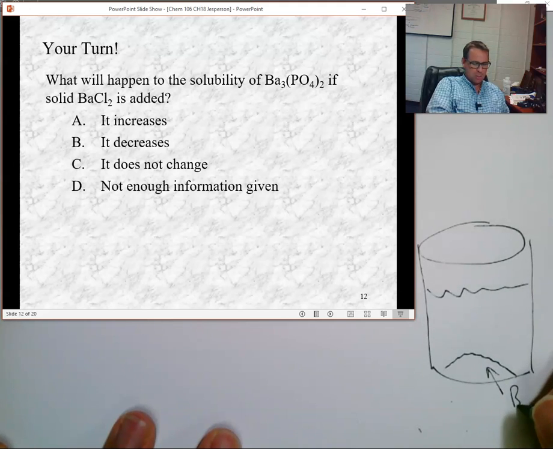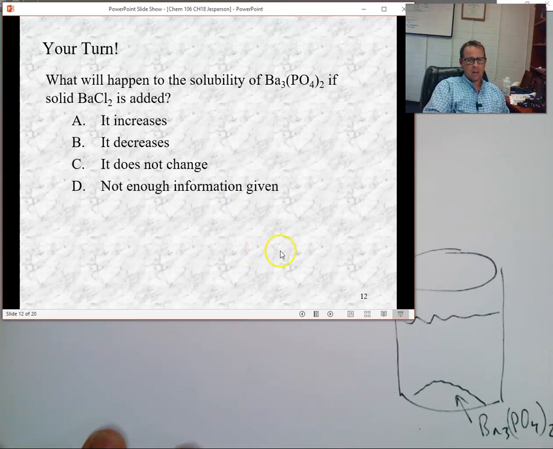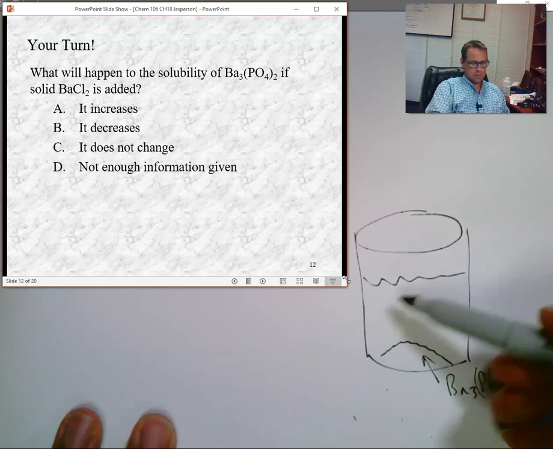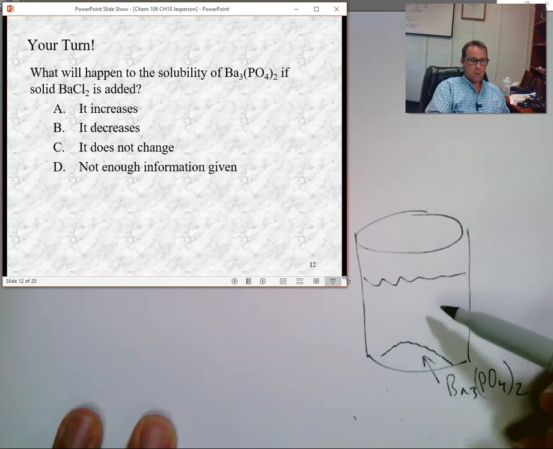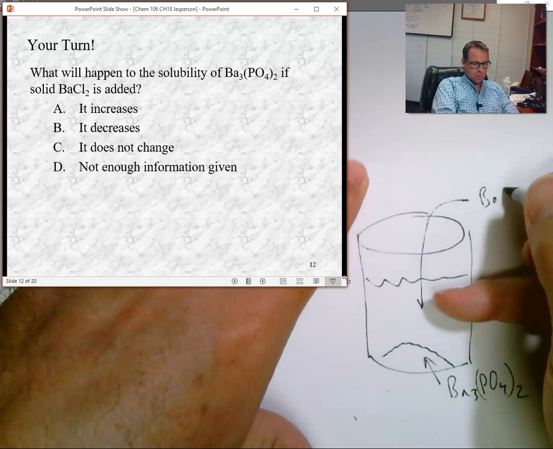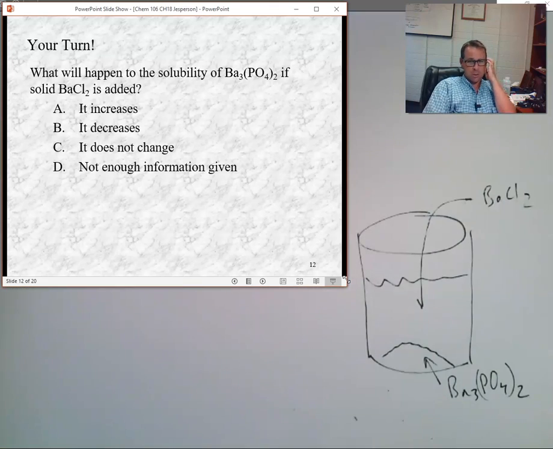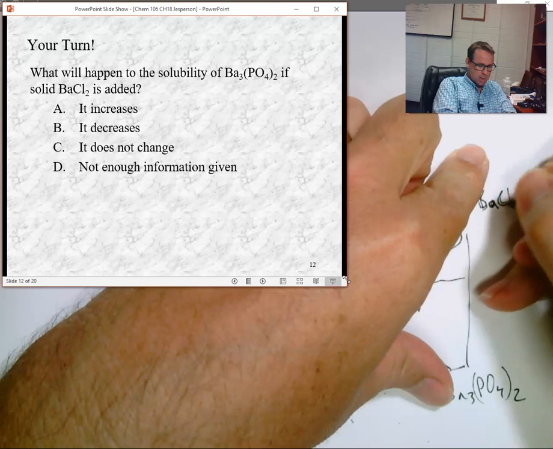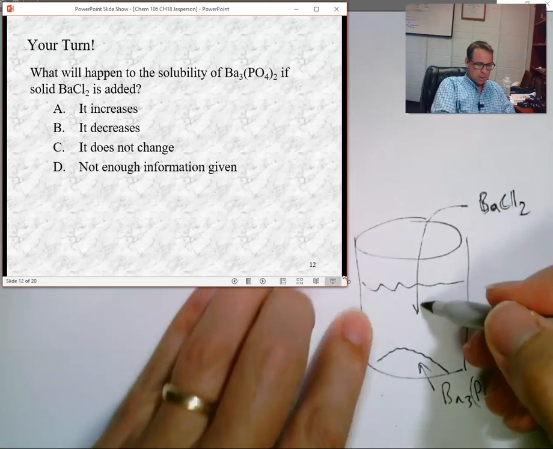I drew it as a pile because it's not soluble, right? This is water. But now I add some solid barium chloride into that solution.